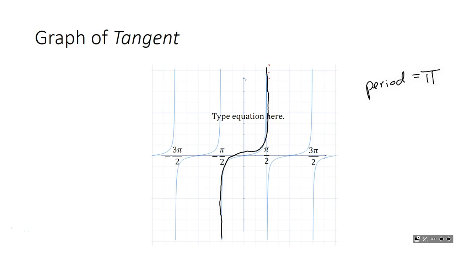A little difficult to draw it in here, but there's a vertical asymptote at pi over 2, 3 pi over 2, and also here at negative pi over 2 and at negative 3 pi over 2. So we have vertical asymptotes at odd multiples of pi over 2.